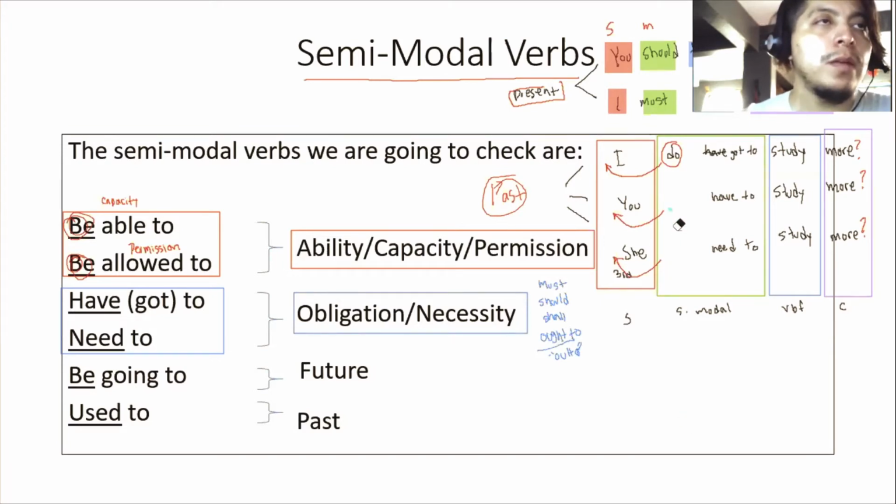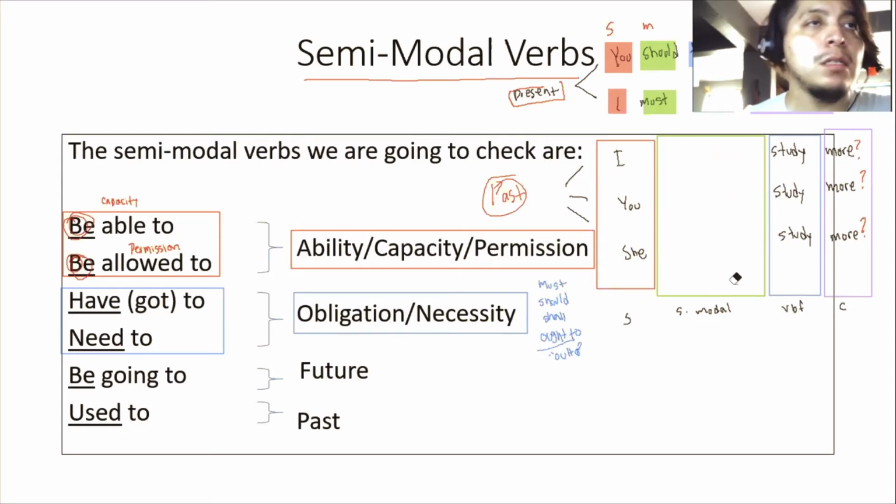Well, it is very simple. The only thing that you have to do is change the semi-modal verb to the past or to the future. If you want to change them to the past, you don't say have got to. Sorry, let me change the color again. You say have got to.